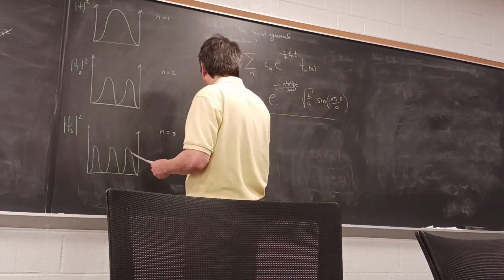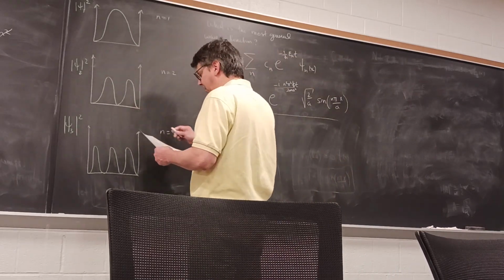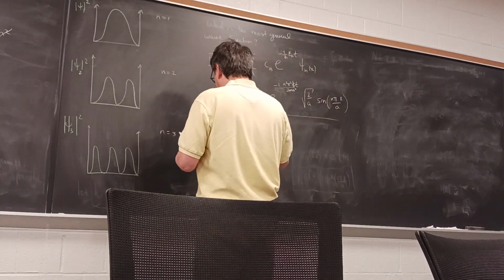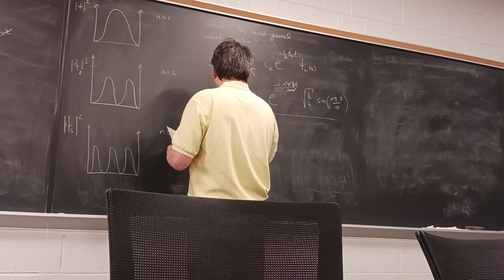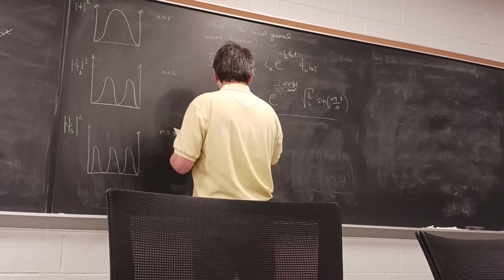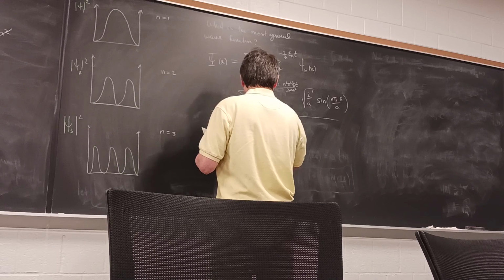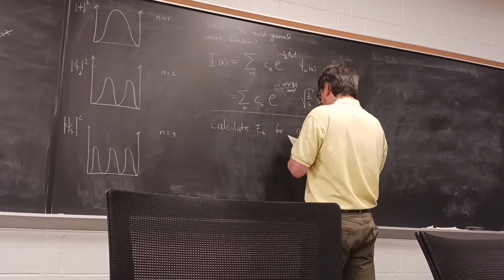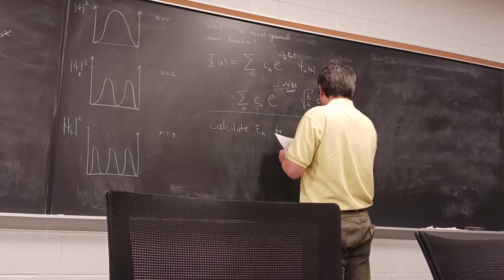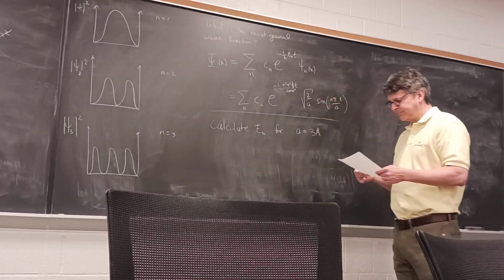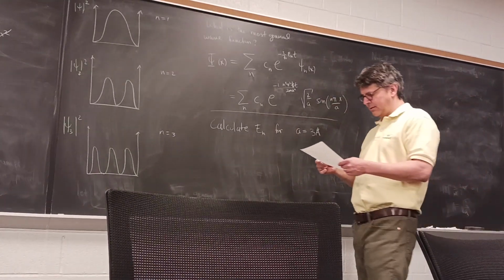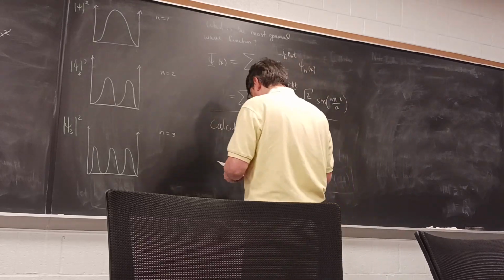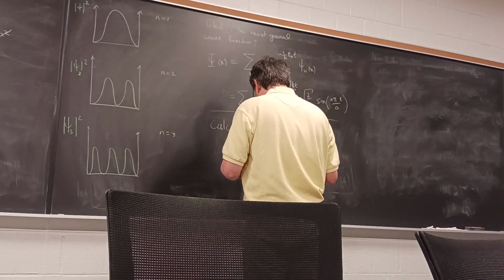But let's calculate for this one-dimensional box the energy eigenvalues for a box of width 3 angstroms. We'll calculate them in electron volts.